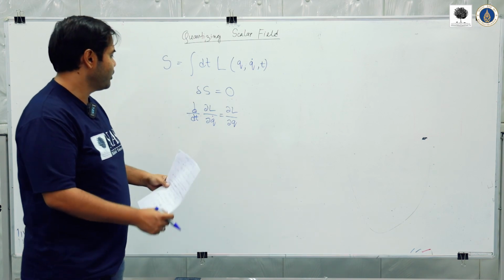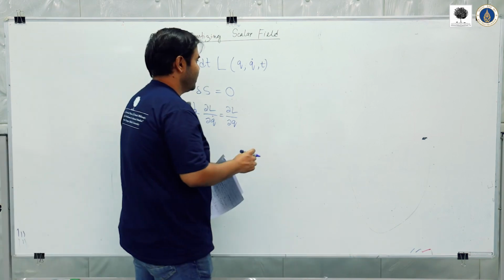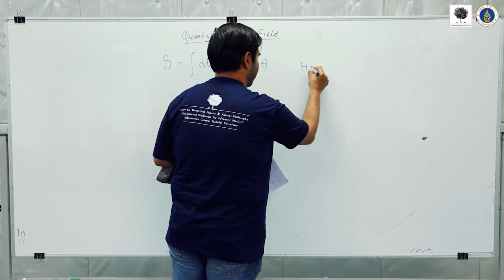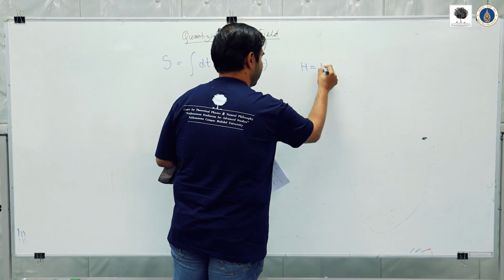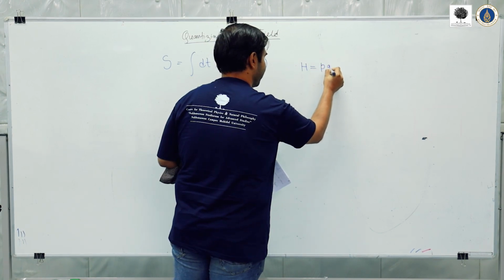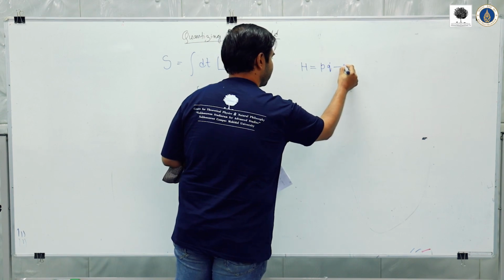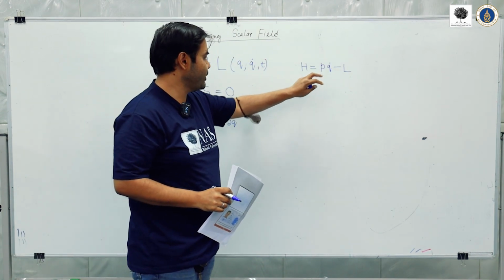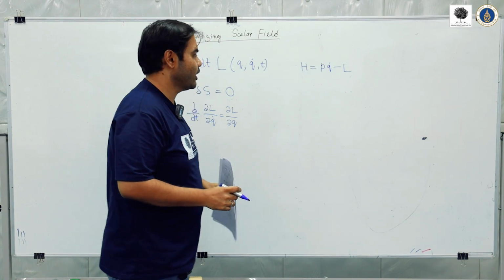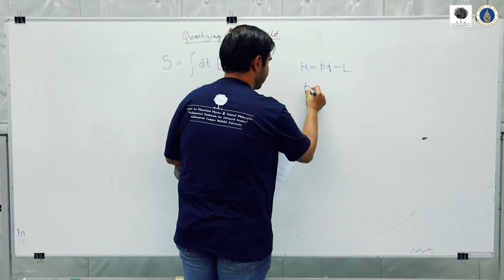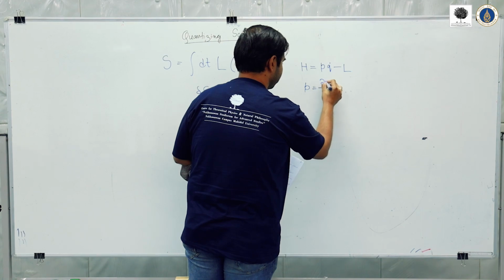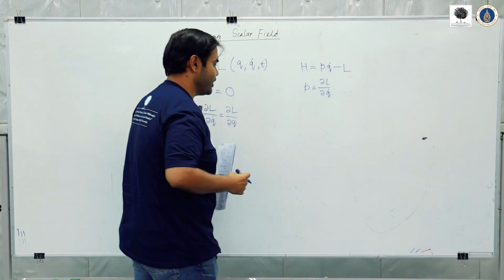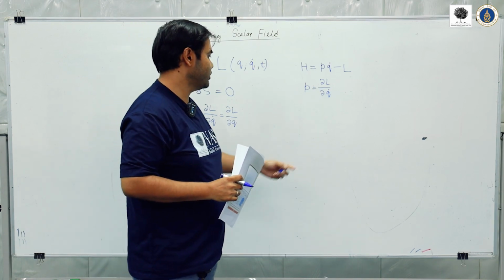And from this, one can now define something called the Hamiltonian, which is obtained through a Legendre transformation of the Lagrangian like this, where this small p is the momentum, and the momentum is defined as the derivative of the Lagrangian with respect to the velocity.